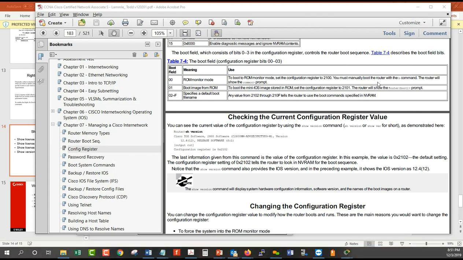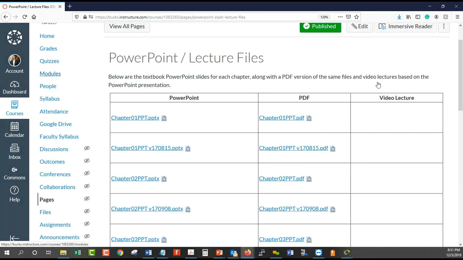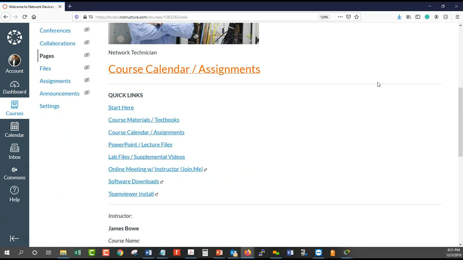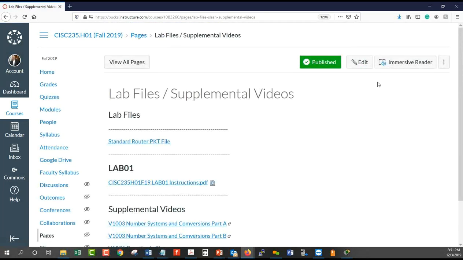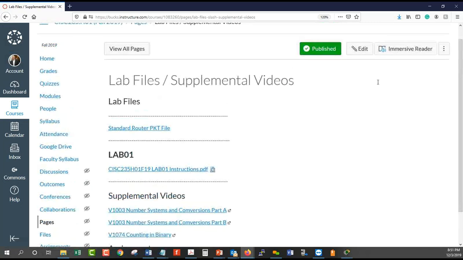Let's go to the site. Hold on one second. There we go. And let's go back to, I'm going to go to Pages, and I think it's Supplemental. No, I don't have it in here.